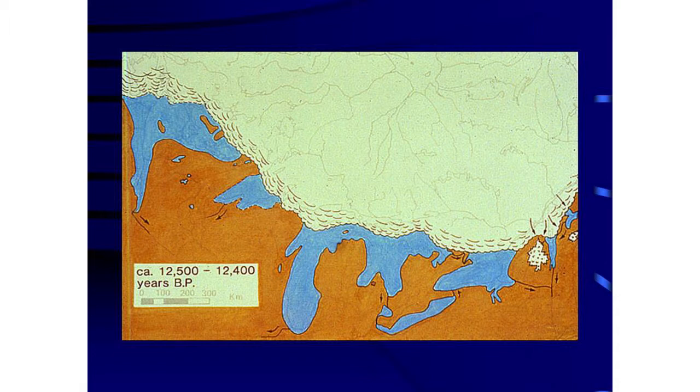If you can imagine, this area would have been covered by ice, 1 or 2 kilometers in thickness in areas. It would have effectively been like a bulldozer, scraping the landscape, moving from the north to the south. Anything and everything on the landscape would have been removed, right down to the Canadian Shield, to the bedrock.